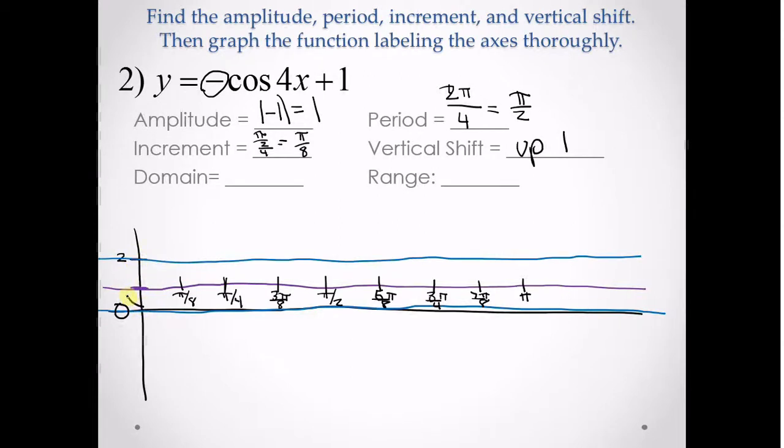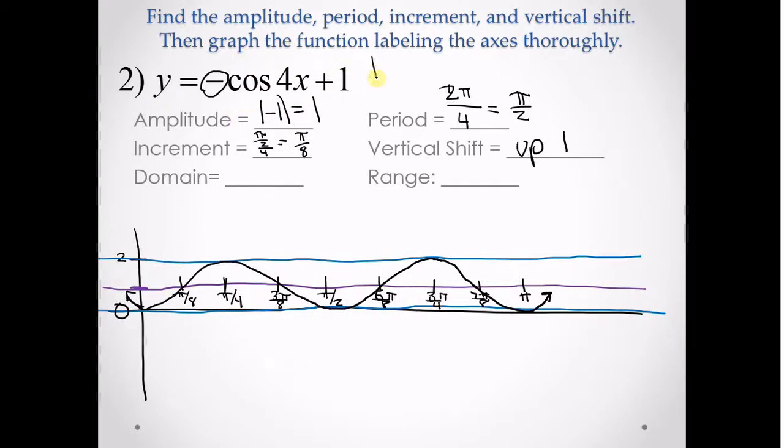So we're going to start down there, bounce there, go through, and it's going to continue its same path that it normally would have, but it's going to be flipped from how it originally would have been graphed. There we go. Okay, so be careful.